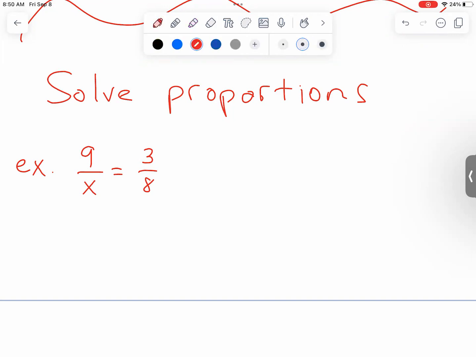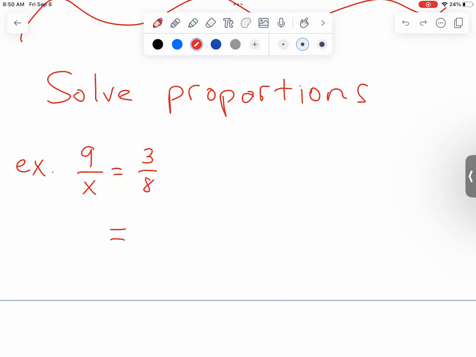We are going to put an equal sign underneath there, and we're going to multiply across. So I'm going to do these two multiplied together, and then I'm going to do these two multiplied together and put them on opposite sides of the equals.